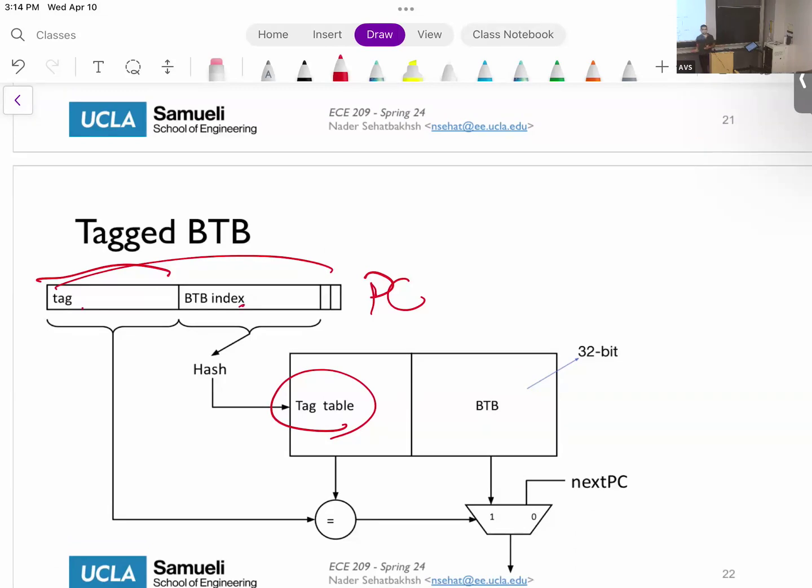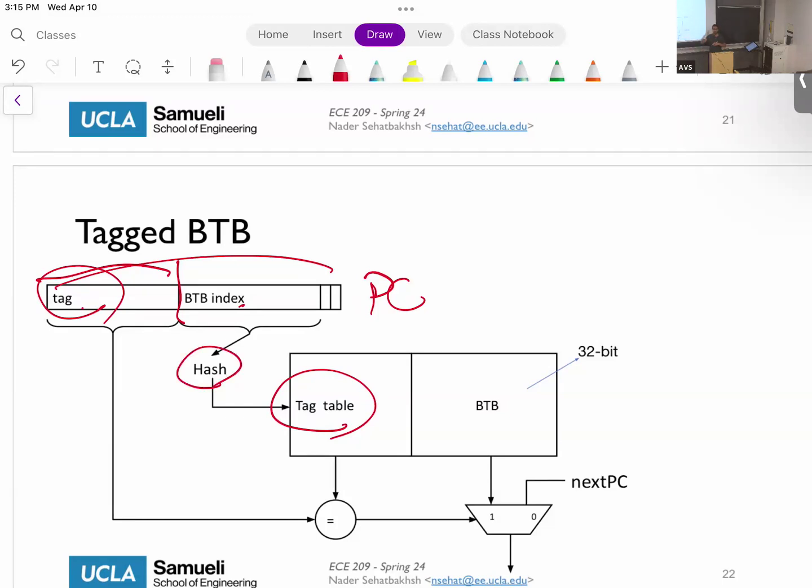So you can use many different ways of addressing a BTB. Usually the common way that people do it is they divide the PC into index and tag, lower bits to index the table, and then the rest to store the tag. The index usually doesn't directly go and index the table. We usually use some form of hashing to address that.